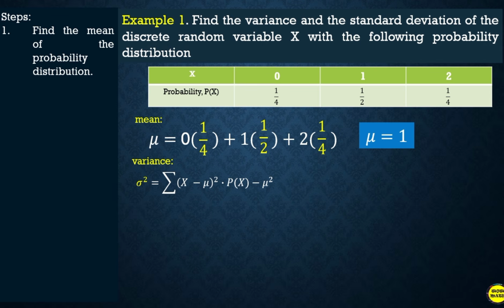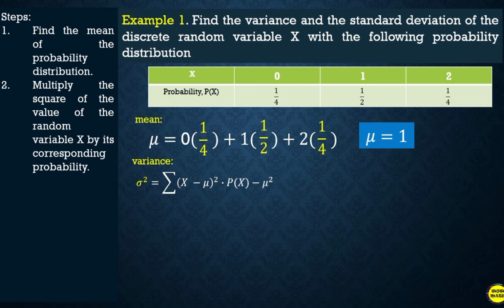So, using this formula, i-multiply natin yung square of the value of the random variable by its corresponding probability. So, ang gagawin natin, i-squared natin lahat ng x. Ito yung mga x natin, di ba? Yung 0, 1, and 2. I-squared lang natin yon. Tapos, i-multiply din natin sa corresponding probability.